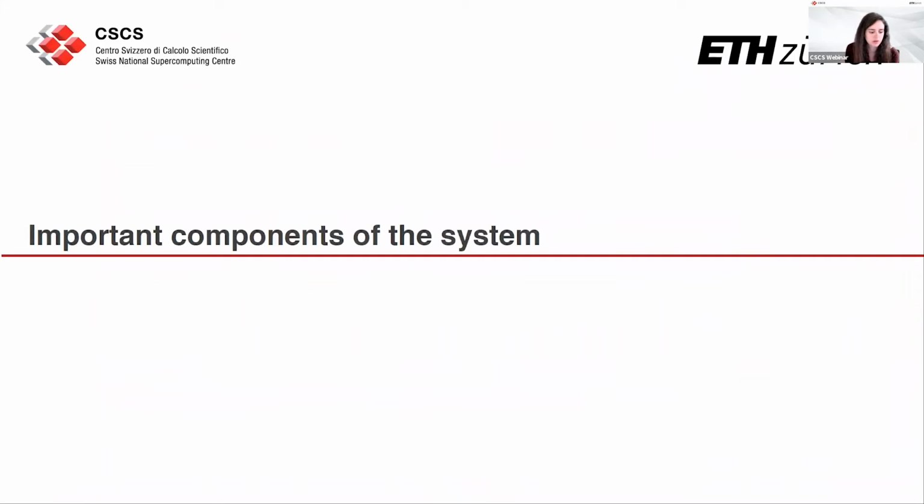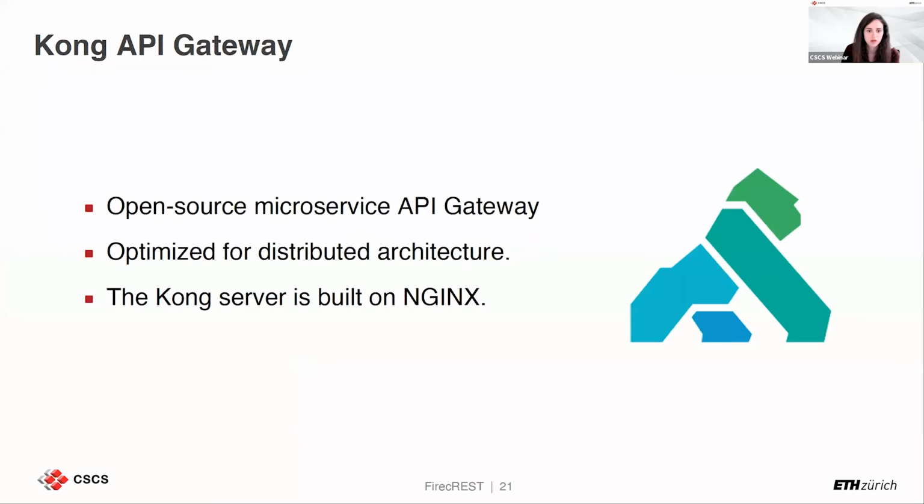And now let's move on to some important components of the system. So I mentioned already the gateway. One popular solution to manage the API gateway, and our solution at CSCS, is the Kong API gateway.